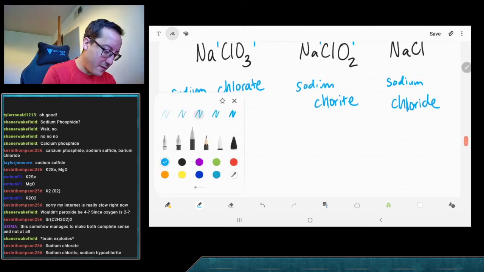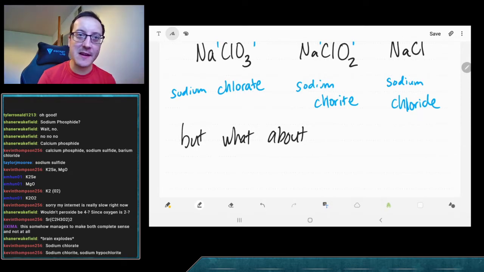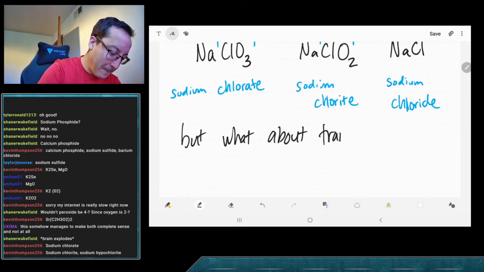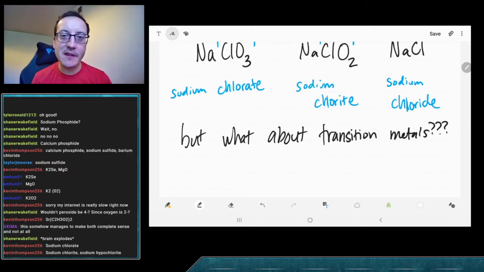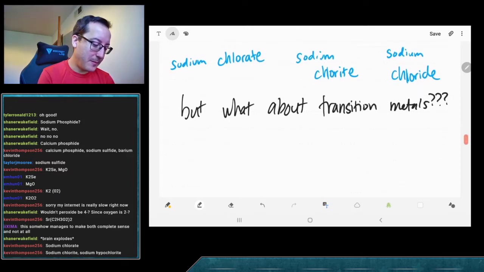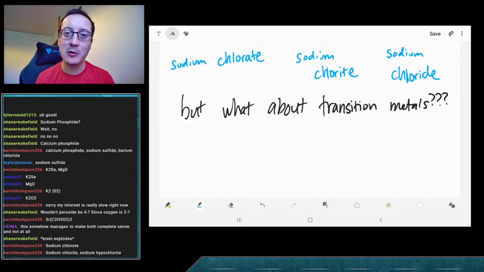We have another whole section of metals that we haven't dealt with. I know you guys are aching to find out about the transition metals. And we're going to see that while stuff in groups 1 or 2 or 13 or 15, 16, 17 all had fixed charges, most of the transition metals do not.